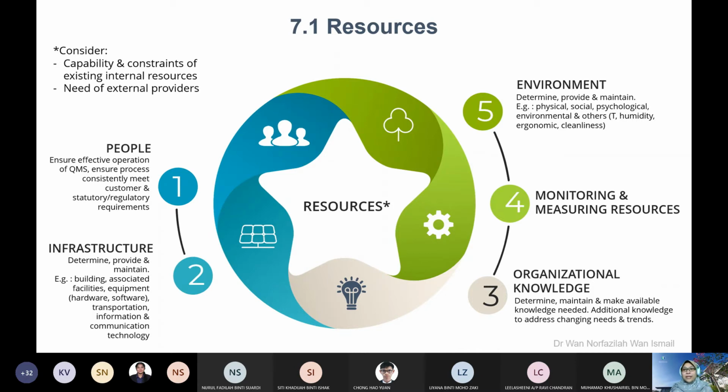Environment: physical, social, psychological and others. Psychological ni usually for human lah. So you need to determine, provide and maintain a good environment for your team.